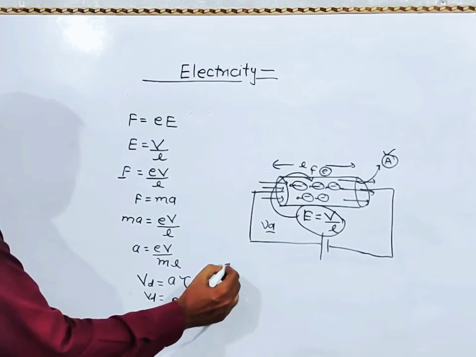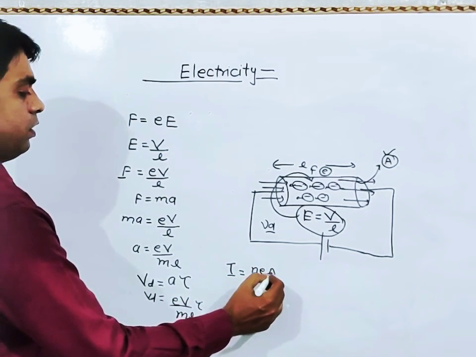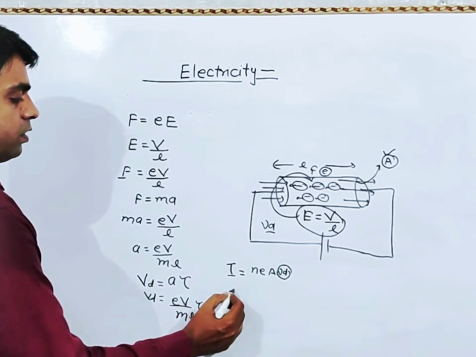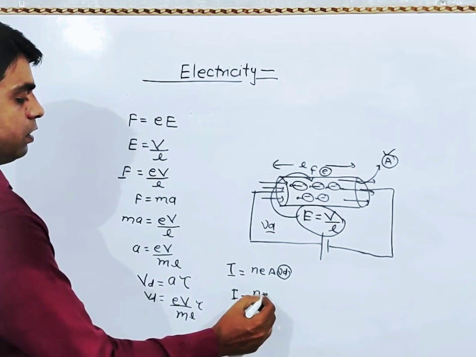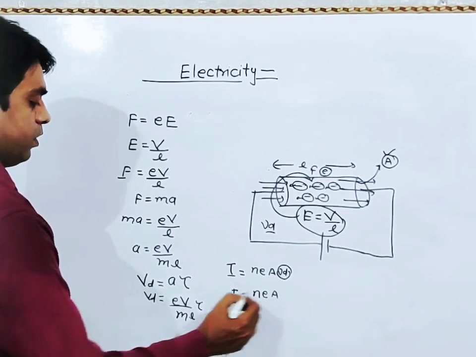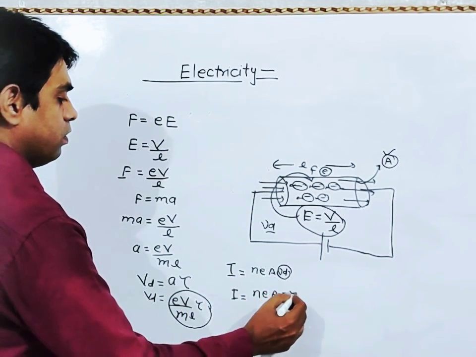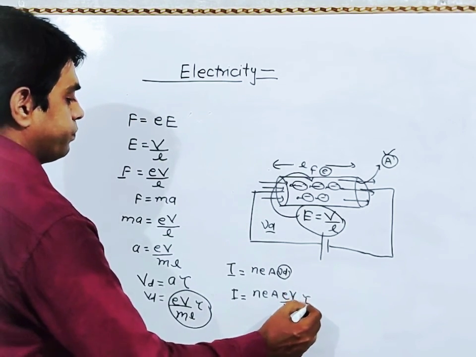Again we know that I is equal to nAeVd, which we just derived. Now place the value of Vd here. So I is equal to nAe, and what is the value of Vd? eV upon mL tau.